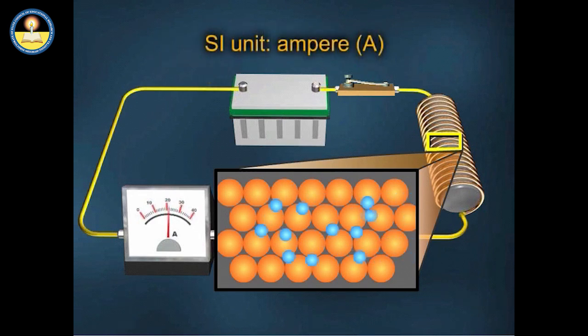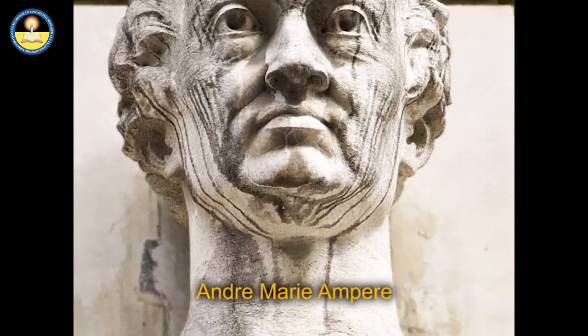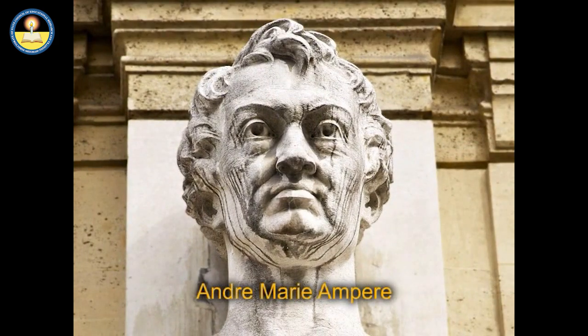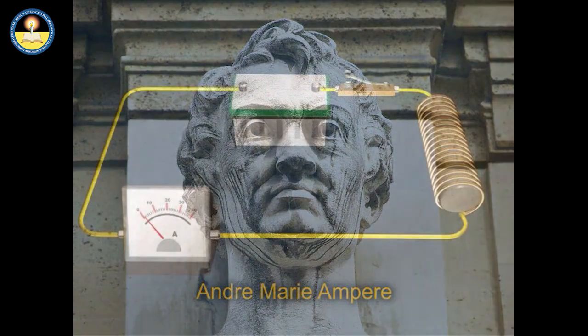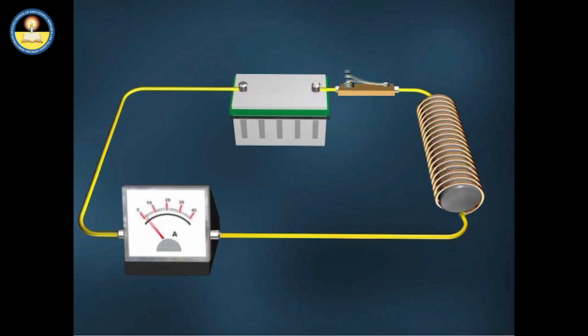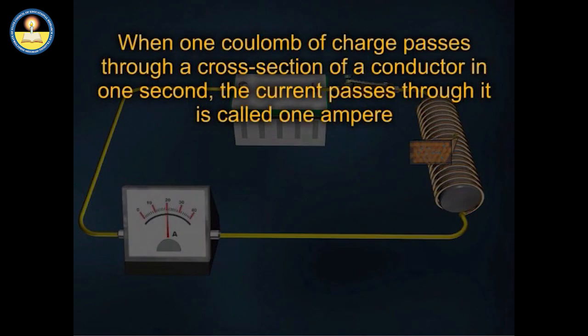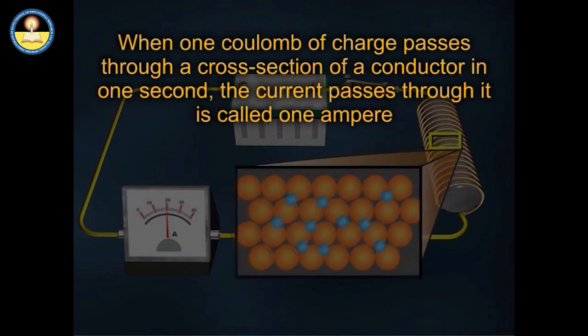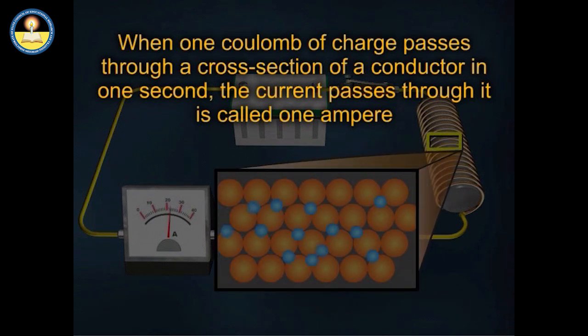Its SI unit is ampere, named after French physicist André-Marie Ampère. 1 ampere of current can be defined as follows: when 1 coulomb of charge passes through a cross-section of a conductor in 1 second, the current passing through it is called 1 ampere.